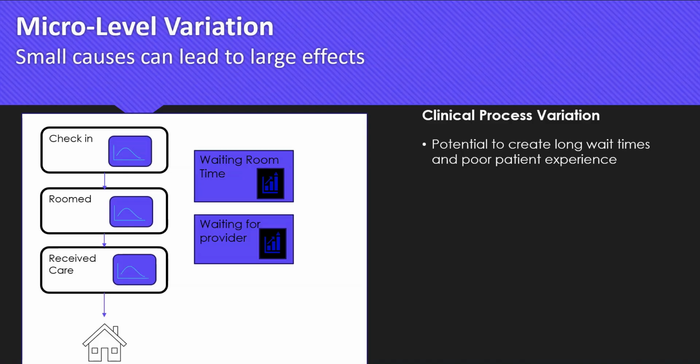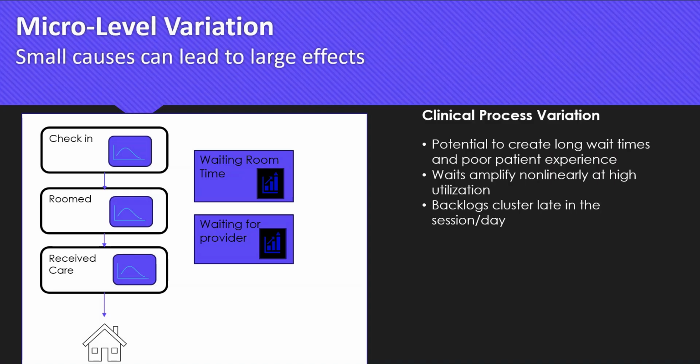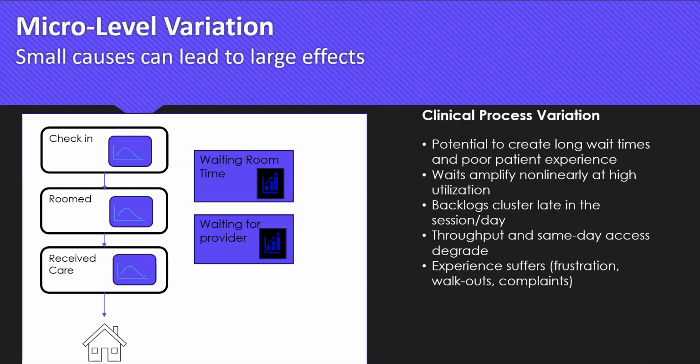Because there's a potential to create really long wait times and really poor patient experience. And the waits at different parts or activity at different parts of this flow can amplify backwards through the system, create backlogs and clusters of patients, and throughput and experience can suffer in a big way. Also stressful on our staff.